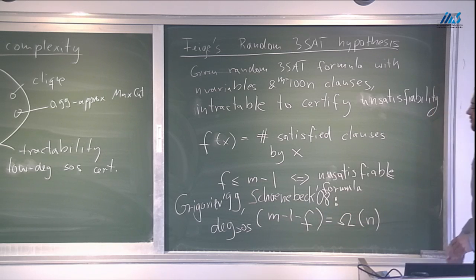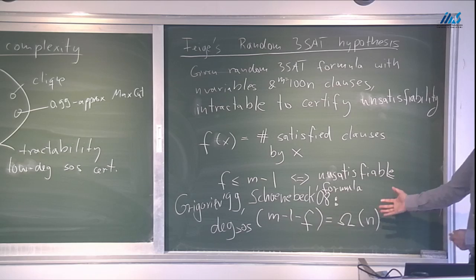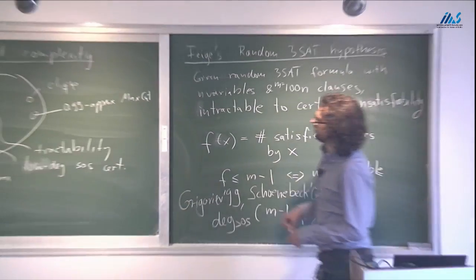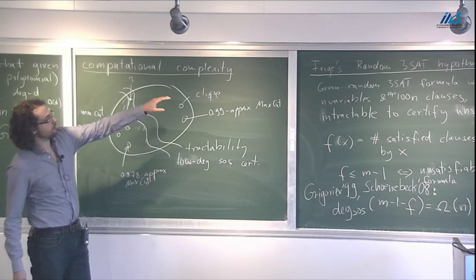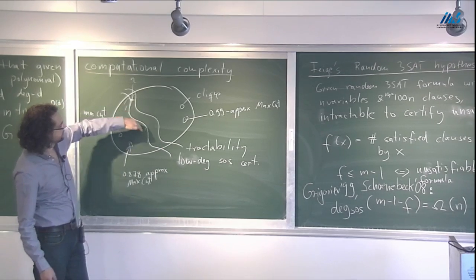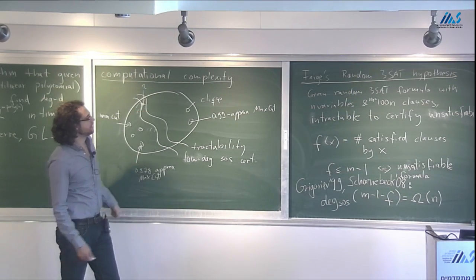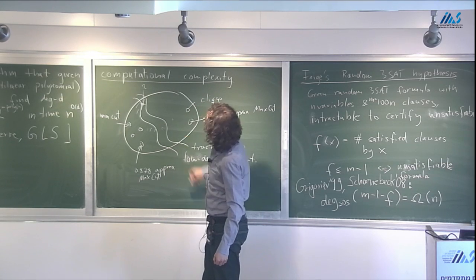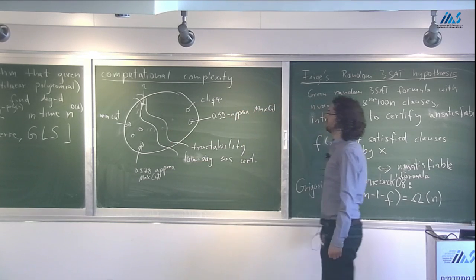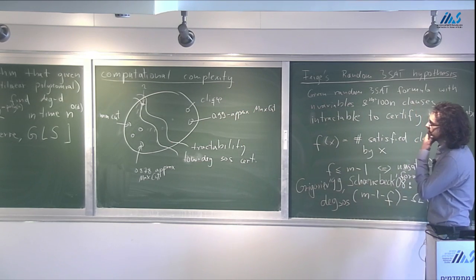And in this case, if you generate these clauses like this, then the sum of squares degree is some constant times n. So one way to interpret this is that this problem of random 3-SAT is beyond this sum of squares barrier. What we don't know is whether it is truly intractable, or somehow in this funny range, but that's a different question.